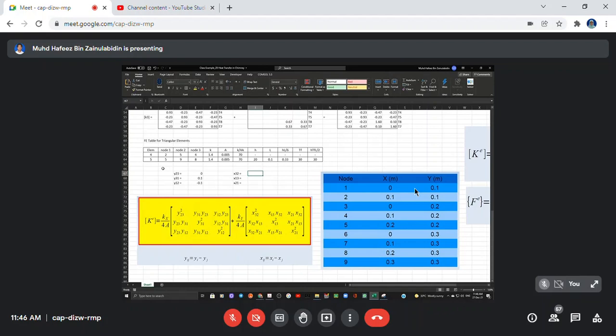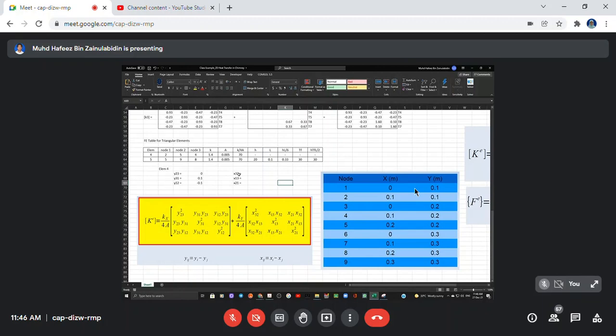So first thing I need to highlight, this is element 4. x32 means x3 minus x2.